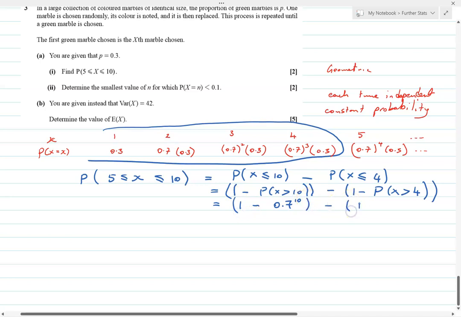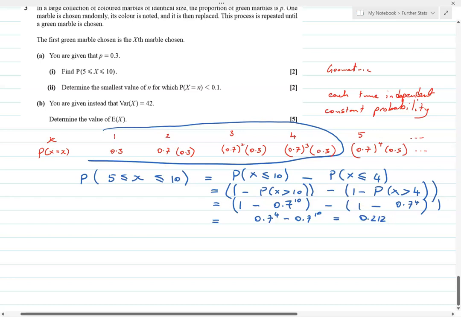Whereas this is the probability of it not happening the first 4 times, so that's 0.7 to the power 4. When you get used to this, you'll get used to doing it quickly. The 1 cancels, and the final answer is 0.7 to the power 4 minus 0.7 to the power 10, which comes to 0.212.